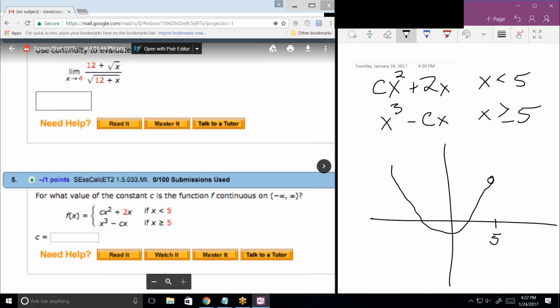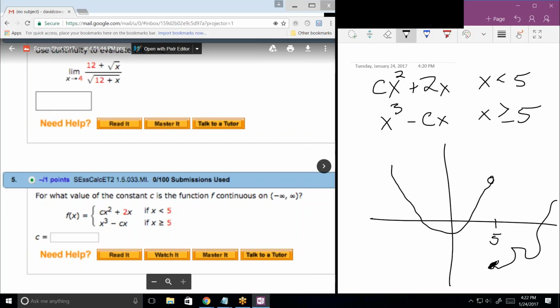The right thing is a cubic, and if it looks like that, it's not continuous, right? If the cubic looks like this, it's not continuous.